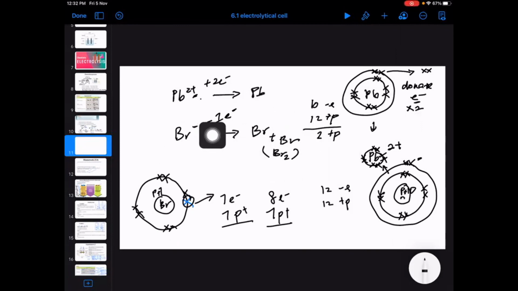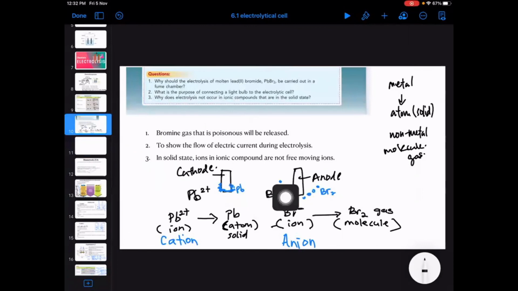Okay, so now this electron is being thrown away by the bromide ion. So where does this electron go? You look back to here, bromide.